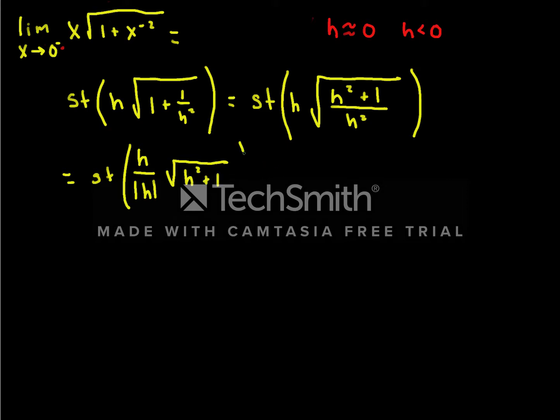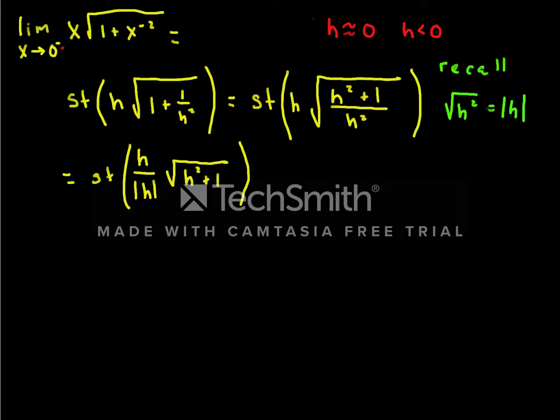Now, if you're scratching your head, why do I have an absolute value over there? Recall that by definition, the square root of h squared is equal to the absolute value of h, because the square root always returns a positive number. I don't know what h is. In fact, well, actually I do.